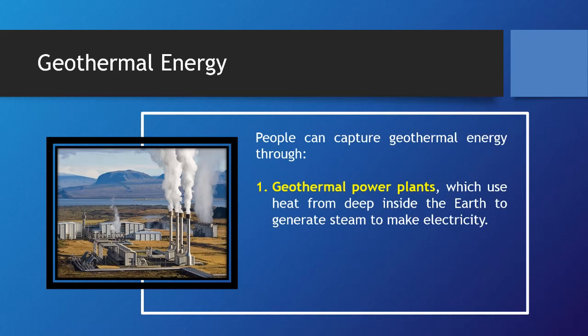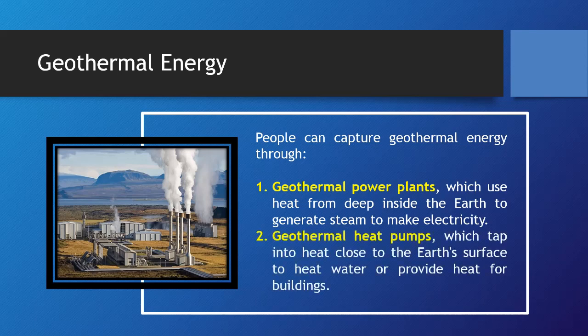The first one is geothermal power plants, which use heat from deep inside the earth to generate steam to make electricity, just like what is shown in the illustration. On the other hand, the second option is geothermal heat pumps, which tap heat close to the Earth's surface to heat water or provide heat for buildings.